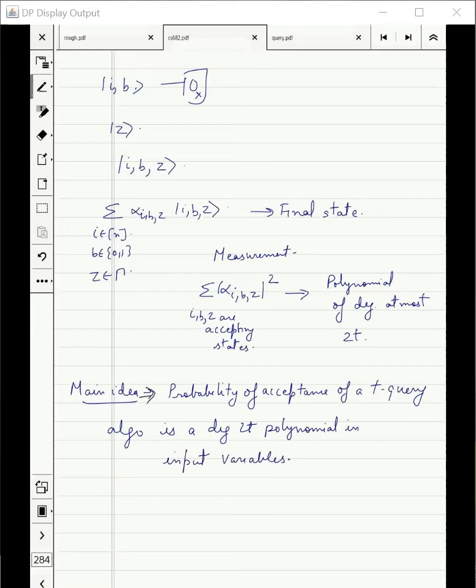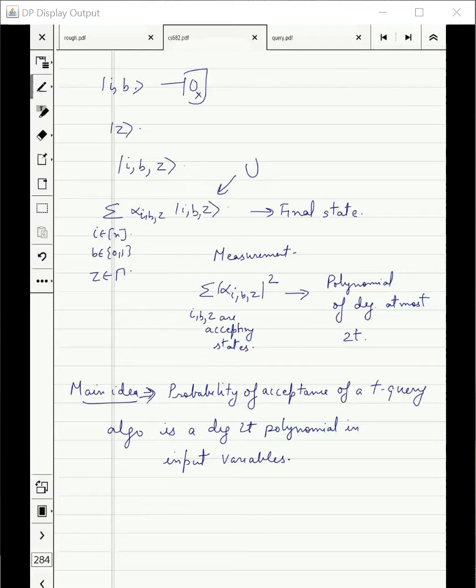Main idea is in some sense equivalent to this new statement. By the way, there was a small thing which I skipped. I said here that we measure in the standard basis, but that's not true. A general quantum algorithm can measure in any basis. It will apply some unitary, but that I give you as an exercise. If you apply any unitary here, the new amplitudes will be the polynomials of the same thing.